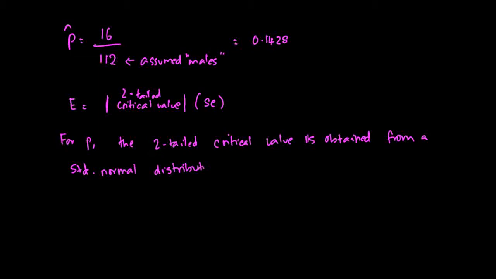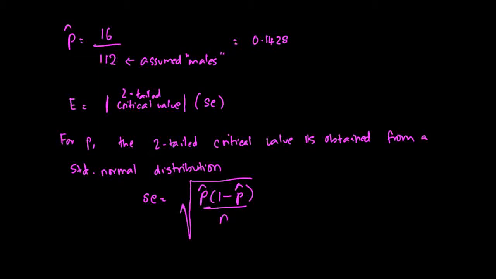Also, the standard error is given by this formula, square root of P hat times 1 minus P hat over n. So if we find the critical value and the standard error, we are halfway done with the problem.